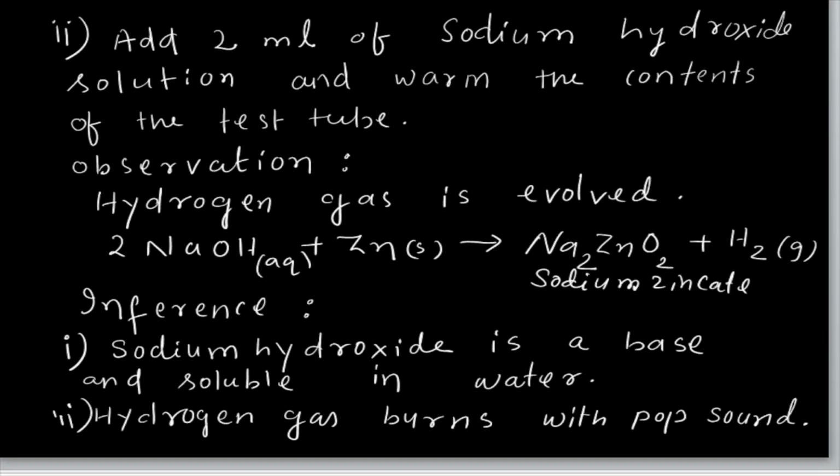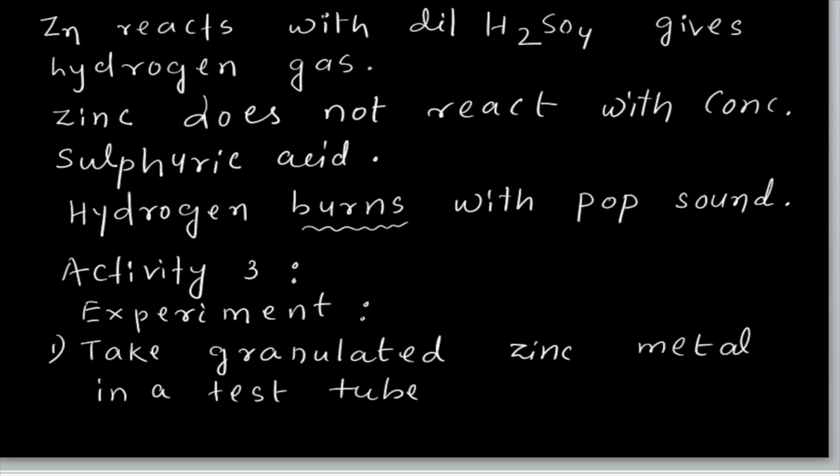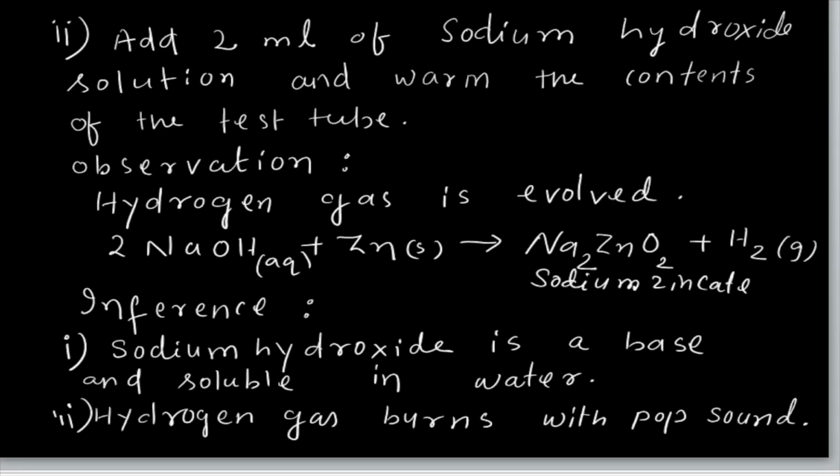So first what you will take? You will take zinc granules, zinc metal, granulated zinc in a test tube. Then you will add sodium hydroxide in that same test tube and warm the contents. What are the contents?